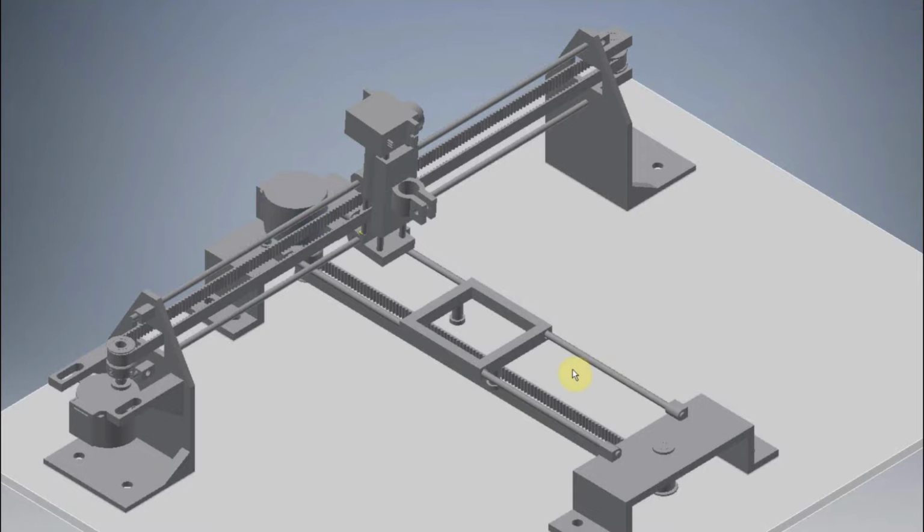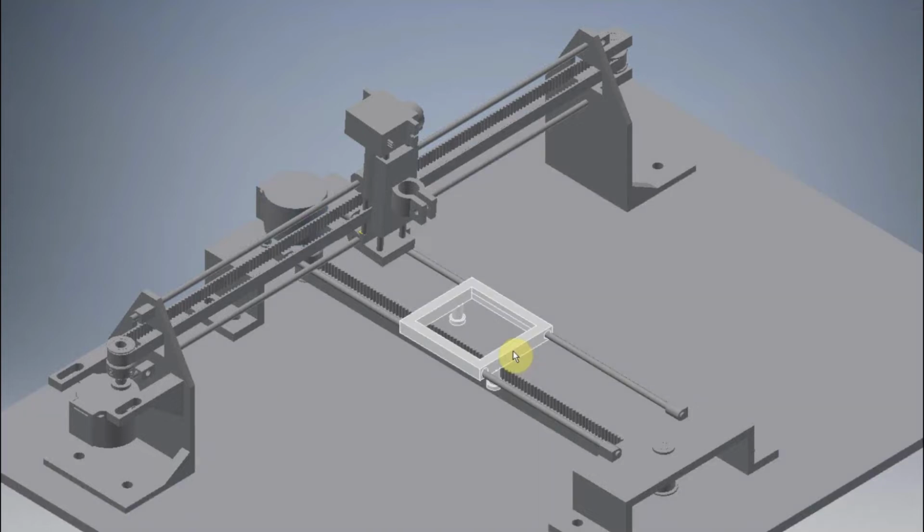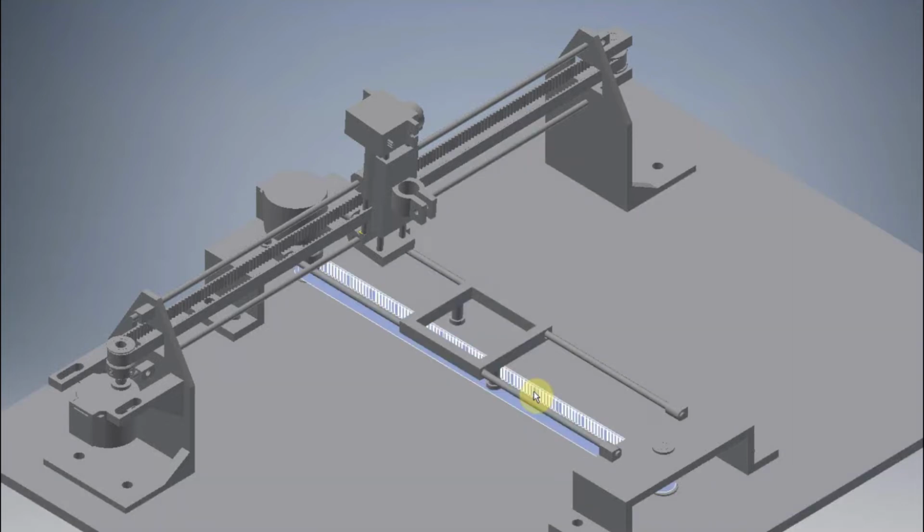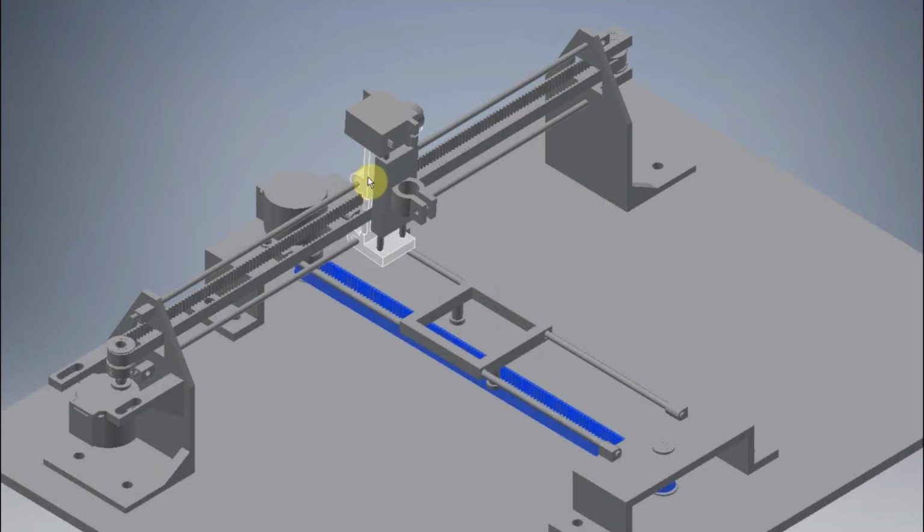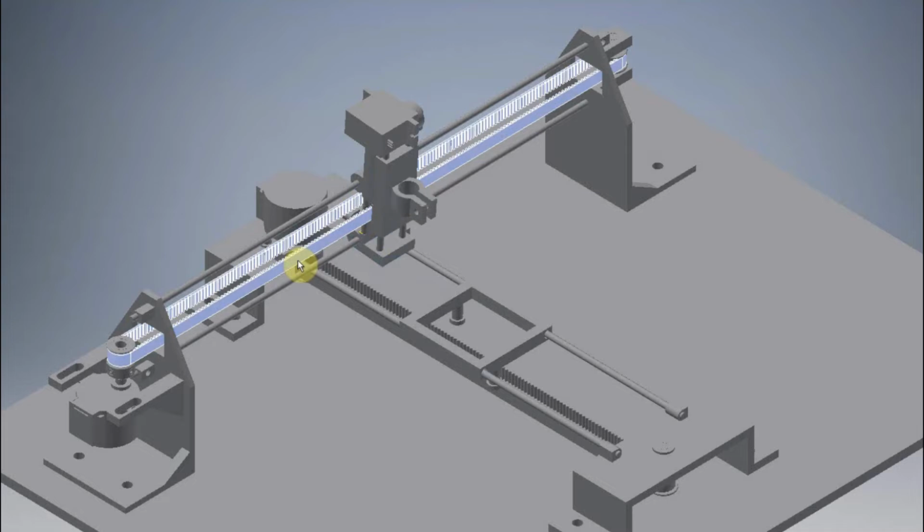We have a platform which provides platform for the PCB board. It is connected in such a way that it runs through the steel rods and its motion is synchronized with the belt along the Y direction. The motion of Z-axis clamp 1 is such that its direction is synchronized with the belt along the X-axis.